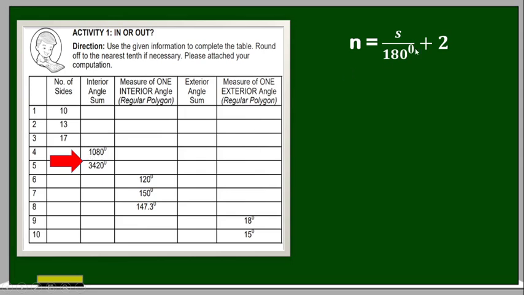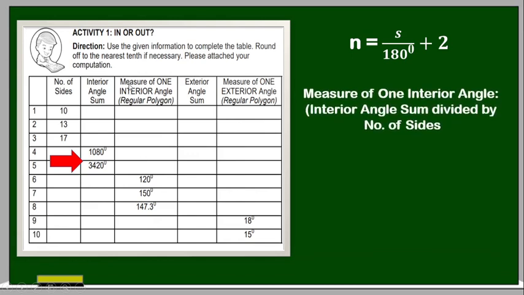Your result will be added by 2. Next, in the third column, the measure of one interior angle is the interior angle sum divided by the number of sides. So here, 1080 divided by your computed number of sides.